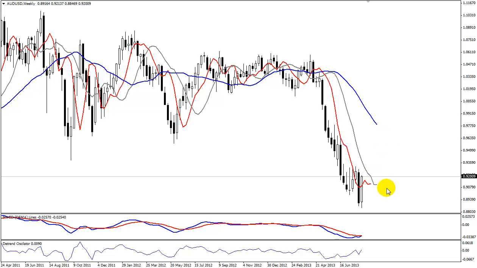Maybe this pattern is not perfect because this bottom here is maybe too much below this one, and the description of the double ripple pattern suggests that the second top should not be too far from the first one.